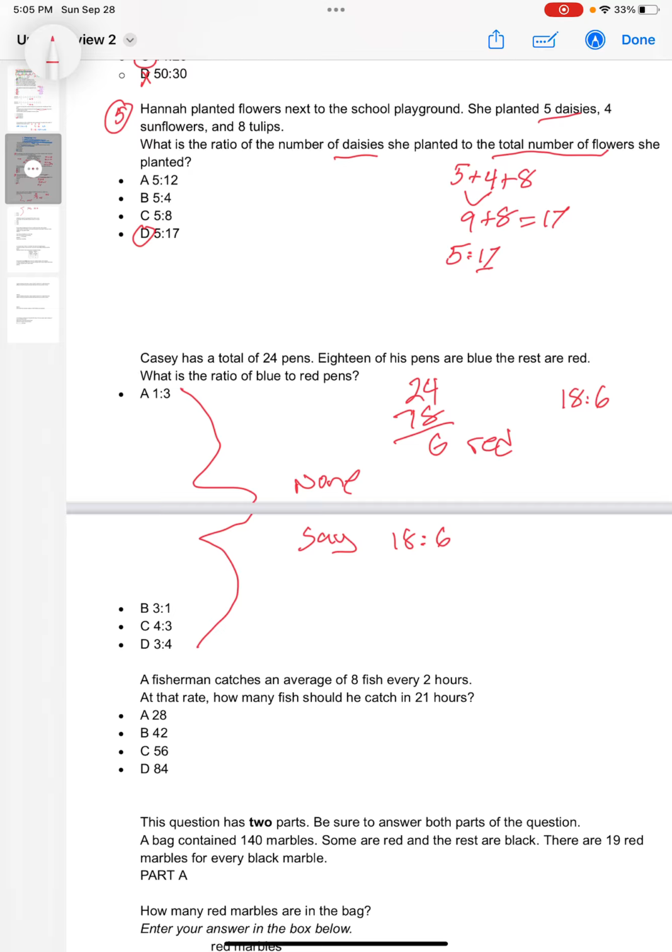Well, bigger number first. Well, 3, 4. That's the smaller number first. 1, 3, smaller number first. So that means it's either B or C.